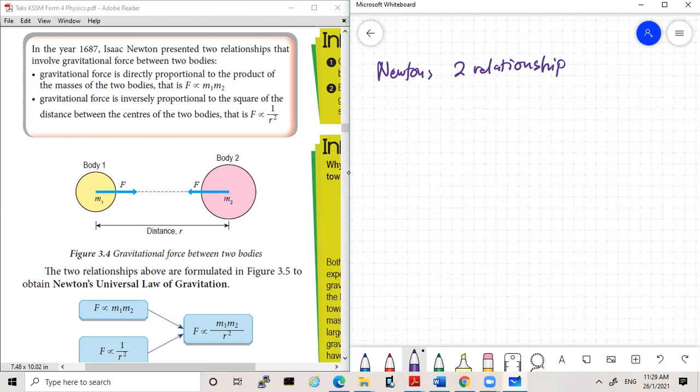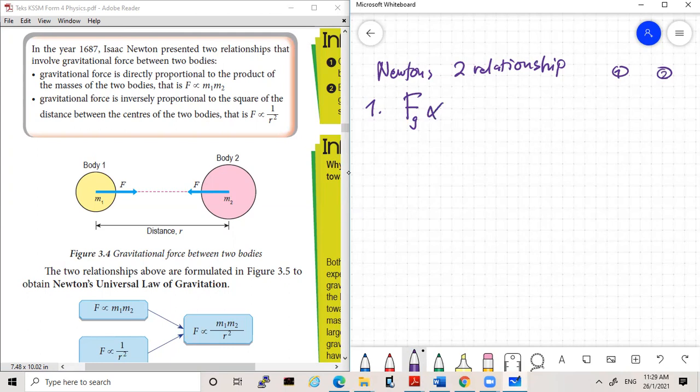The first relationship: Newton said that the gravitational force, let's put Fg, whenever we have two objects, object 1 and object 2, is directly proportional.